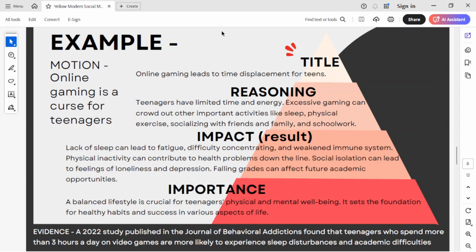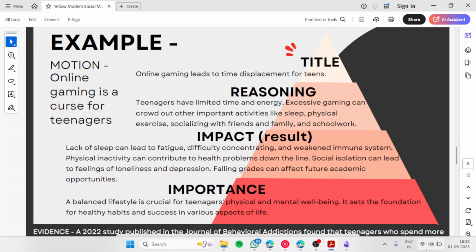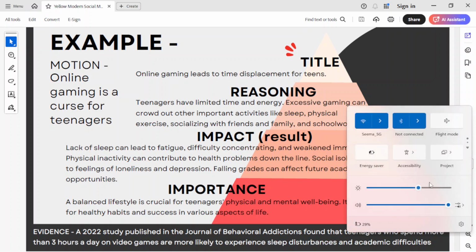The argument, I'm reading it out right now, is that online gaming leads to time displacement for teens. Teenagers have limited time and energy. Excessive gaming can crowd out other important activities like sleep, physical exercise, socializing, etc. The impact of this shall be that lack of sleep can lead to fatigue, difficulty concentrating, and weakened immune systems.